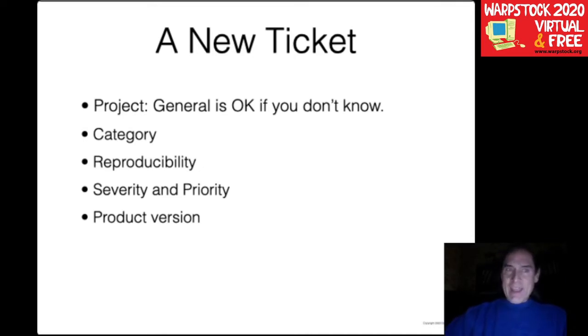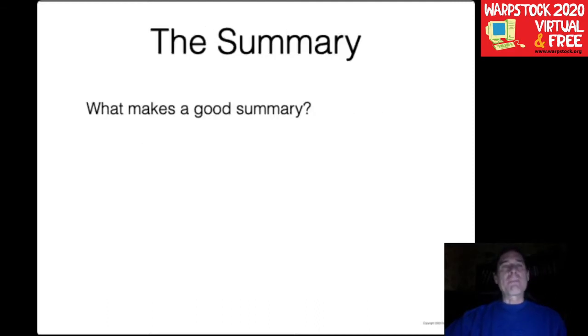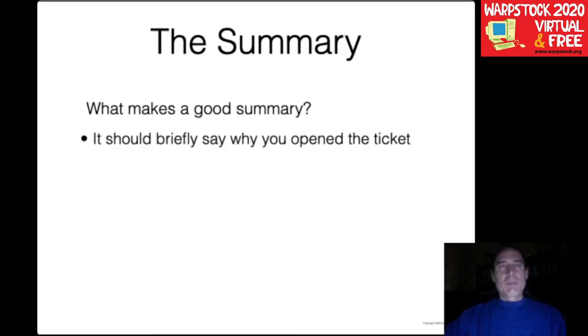The next thing that you'll have to fill out, and this is one of the most important things of your ticket, is the summary. This is a short little thing that identifies the ticket to everyone. So what makes a good summary? Well, it should briefly say why you opened the ticket. That sounds reasonable, doesn't it?